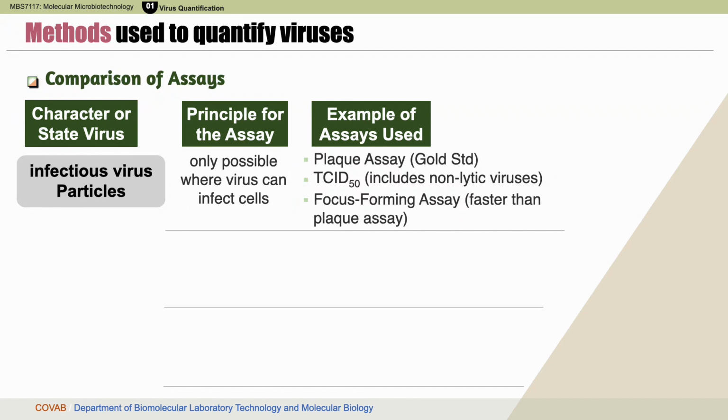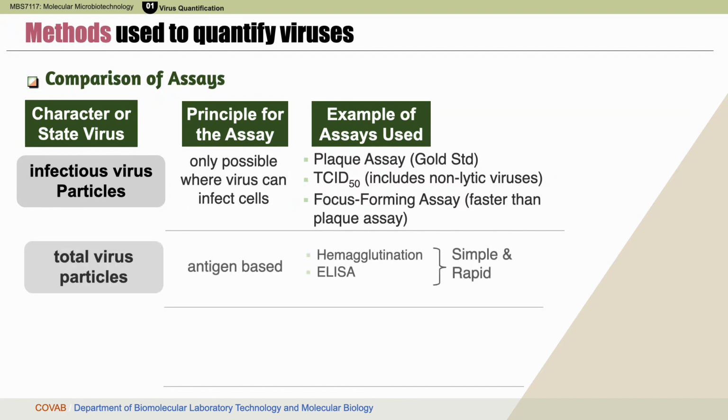We can use the plaque assays, which we are going to see in section 2, TCID50, which we are going to see in section 3, and the TCID50 includes the non-lytic viruses which don't form CPE, while our plaque assay is the gold standard. And the last assay which we have for this method is the focus forming assay, which is much faster than the plaque assay.